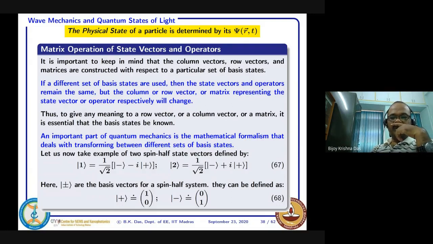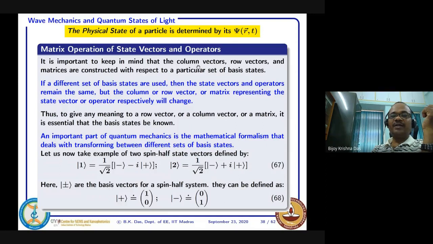Now you see the second point, the blue color here. If a different set of basis states is used, suppose in the same vector field you can define different basis states by a kind of rotation or whatever, then the state vectors and operators remain the same.